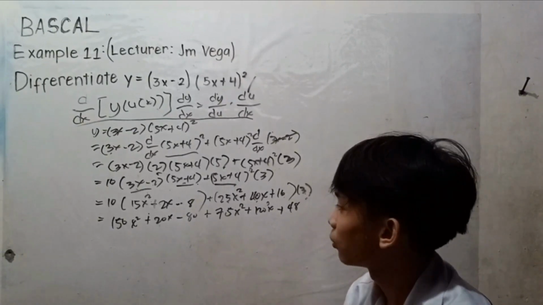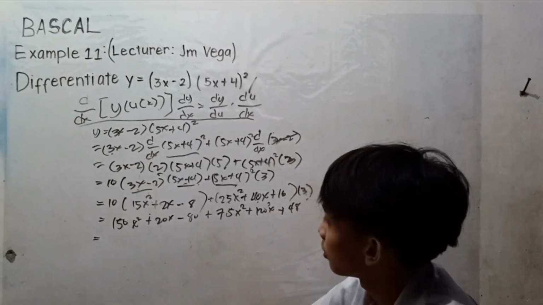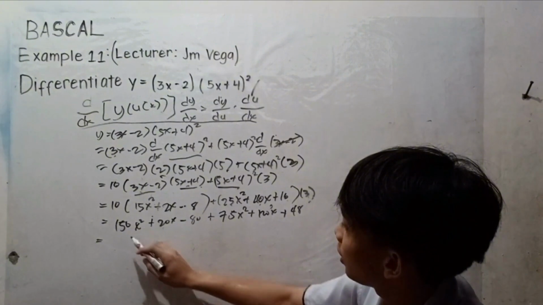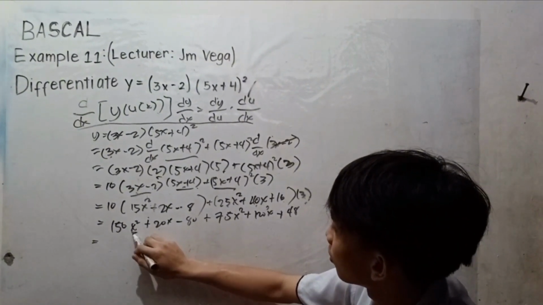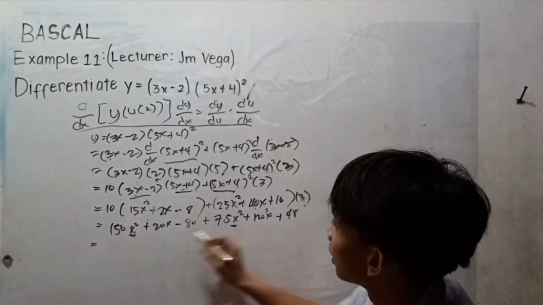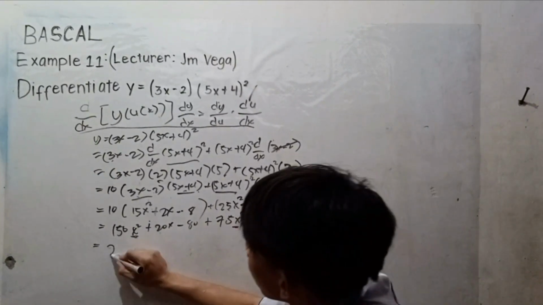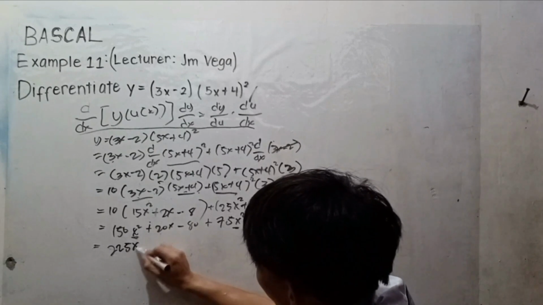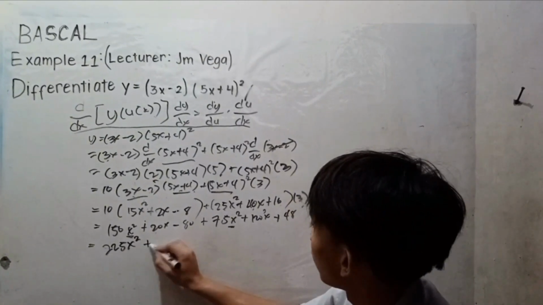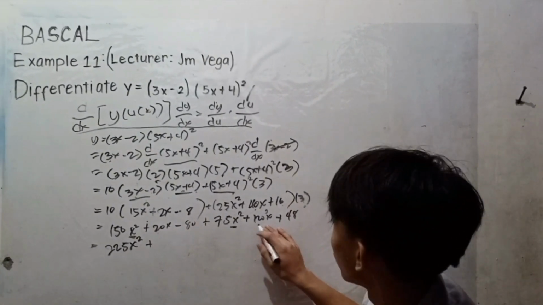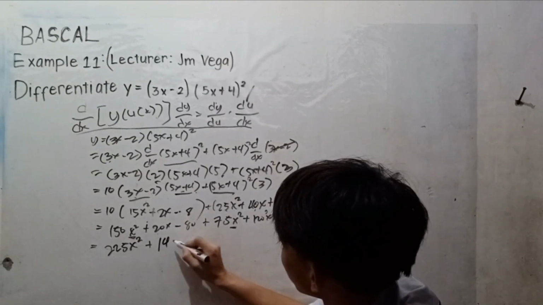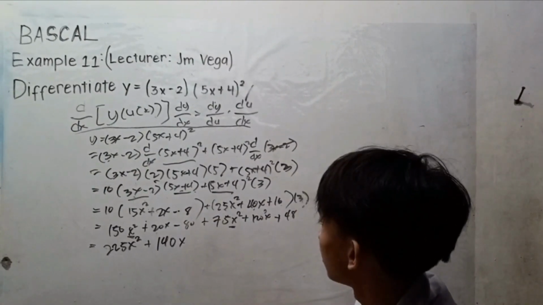After that, we'll just simply combine the same variables. So 150x squared plus 75x squared is 225x squared. And after that, we have 20x and 120x, that is 140x.